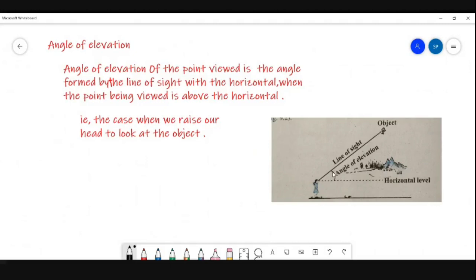This happens when we raise our head to look at the object which is above. When we lift or raise our head, an angle forms between the horizontal and the line of sight, that is called angle of elevation.